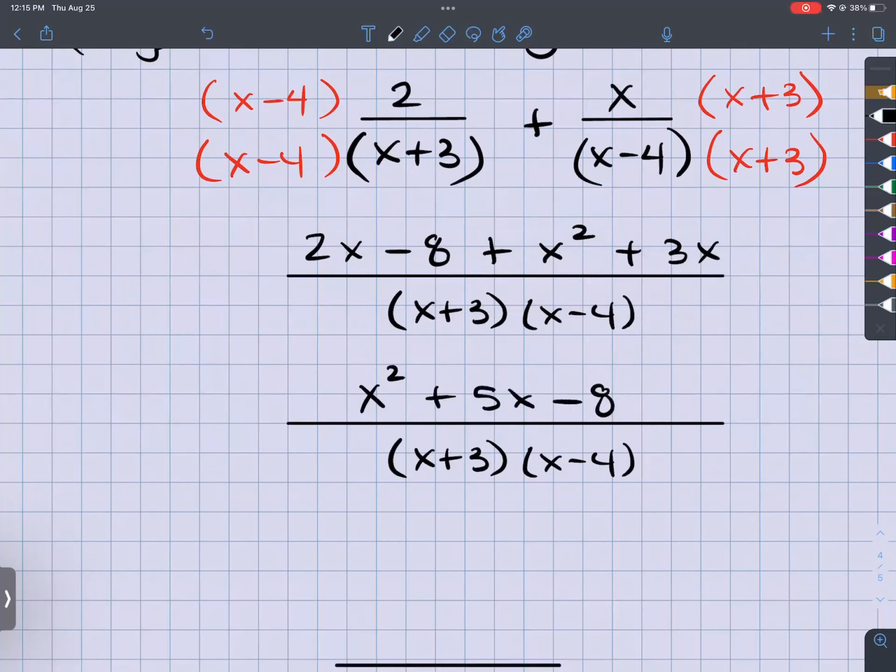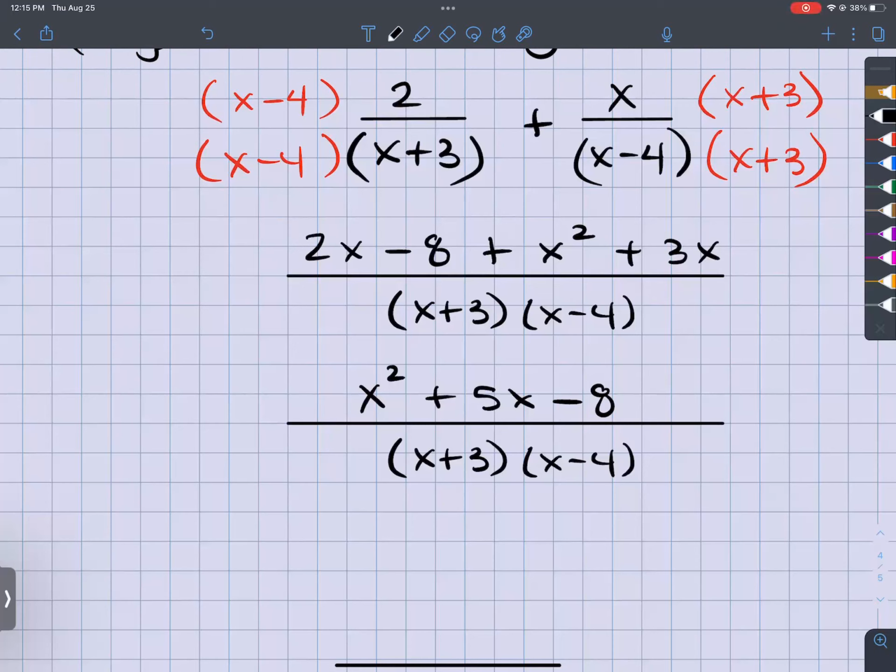And I should always check to see if I can actually factor this trinomial. If I can, I want to see if anything else cancels. Can I factor this trinomial?